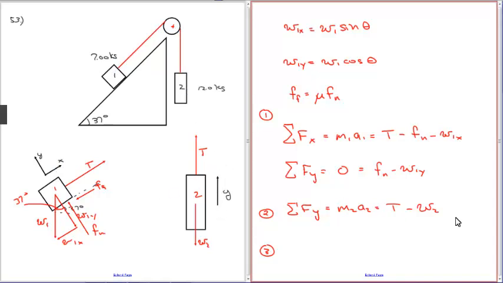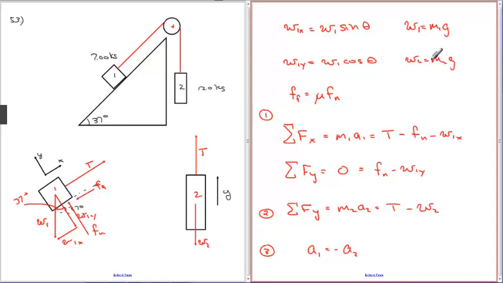So we're going to say A1 is equal to negative A2. And we also know that W1 is equal to M1 times G. We know that W2 is equal to M2 times G.